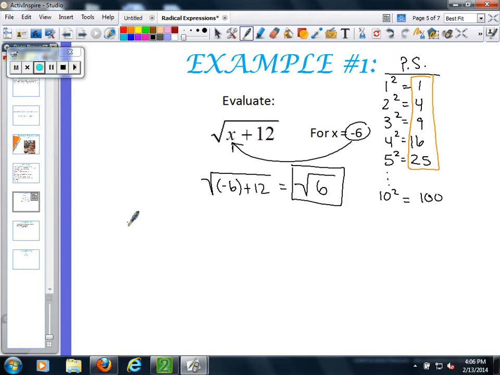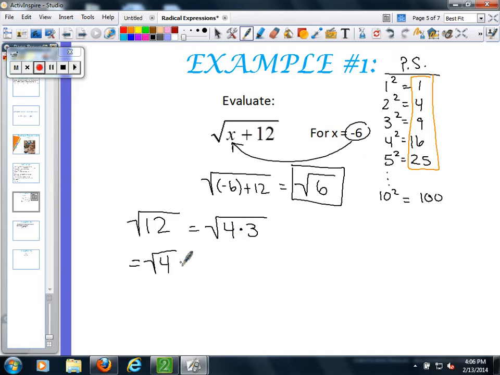Let's take a number real quick, like the square root of 12. If I have the square root of 12, you need to simplify that. Well, I know 4 goes into 12, so I can write this as the square root of 4 times the square root of 3. One of the properties we're going to learn is that whenever you have multiplication under the radical, you can separate it.